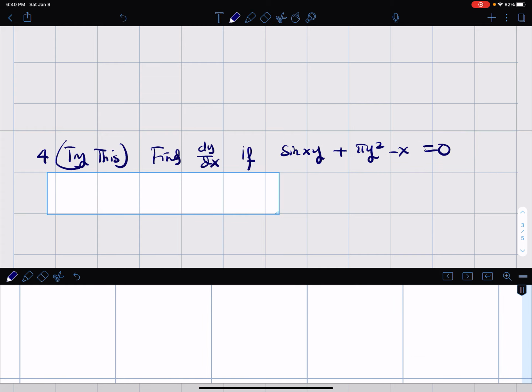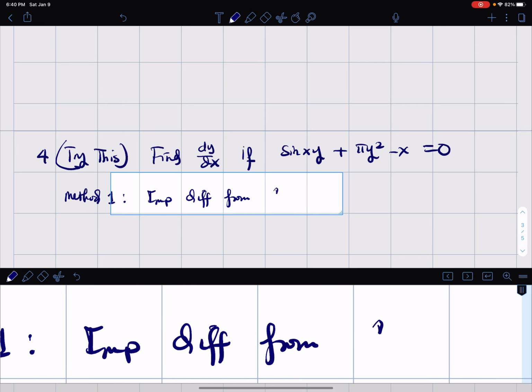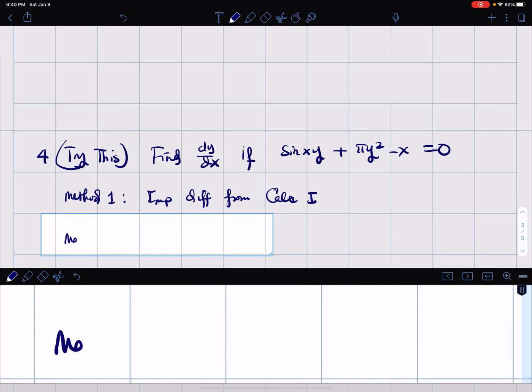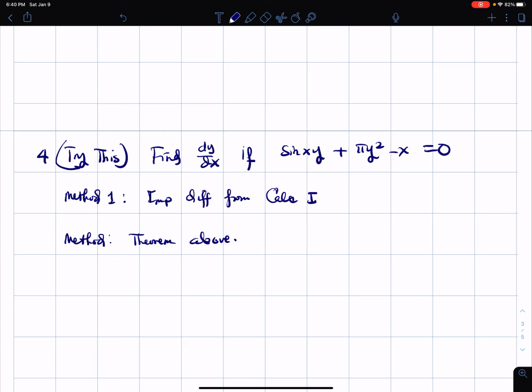Use the two methods. Method 1, implicit differentiation from Calc 1, and then method 2, use the theorem above. Okay, we're going to stop here. Talk to you later.